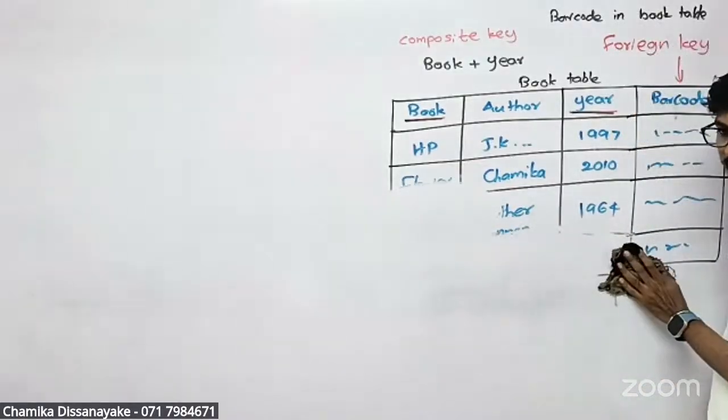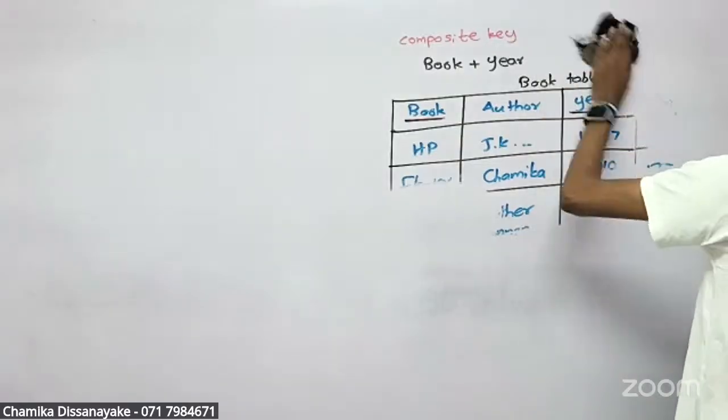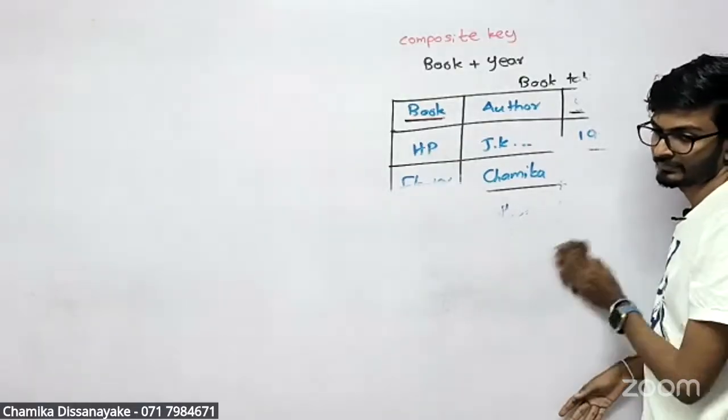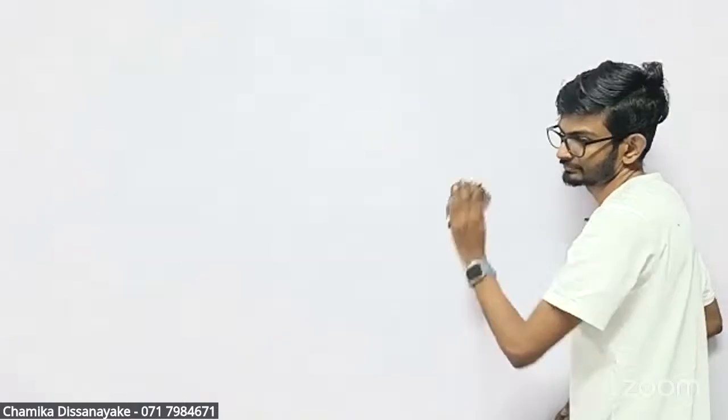The primary key formed by combining two or more columns is called a composite key.